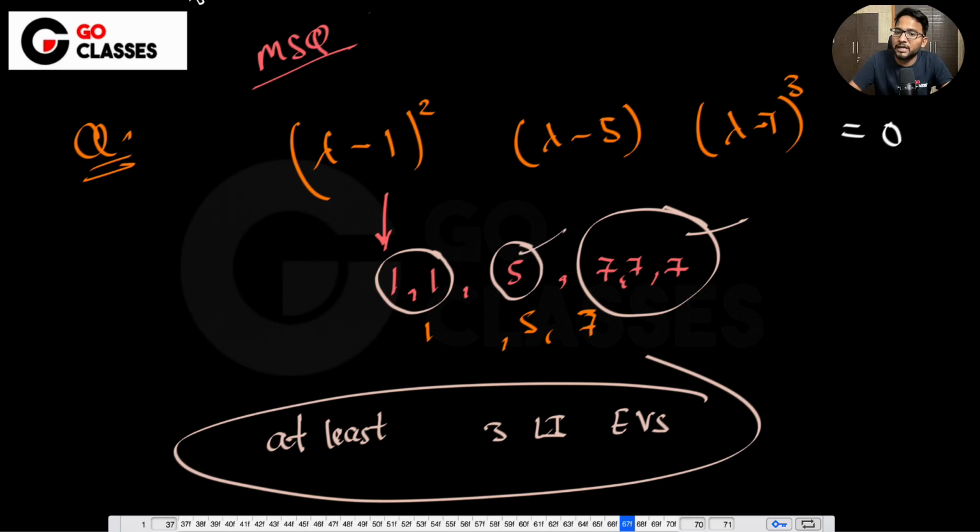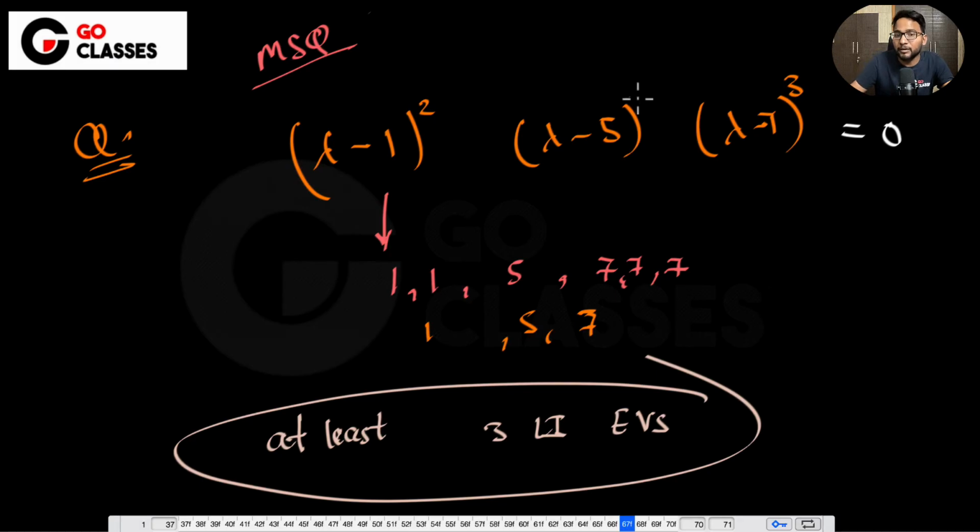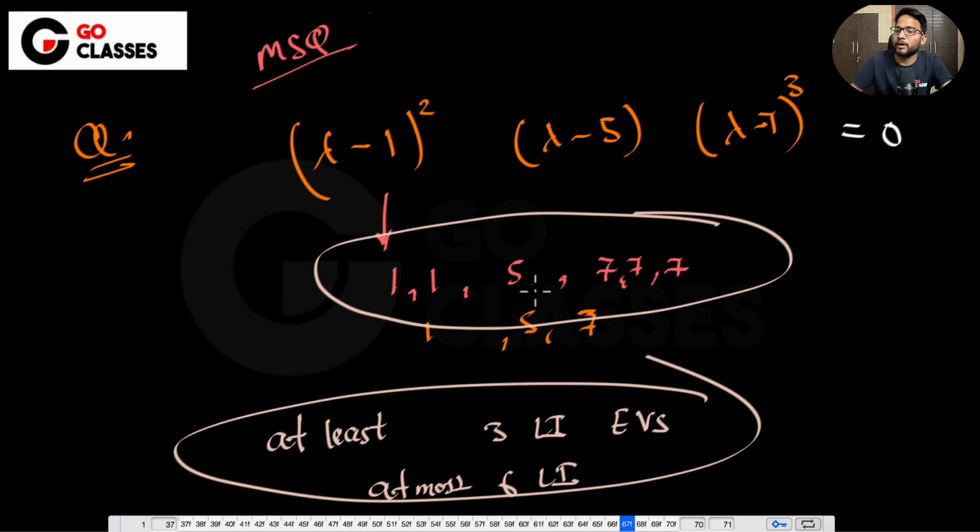So basically, if someone asks you how many linearly independent eigenvectors you can have, then at most 6, always, because it is 6 cross 6 dimension. Why? Because there are 6 eigenvalues that you have, so you have at most 6 linearly independent eigenvectors. And since out of them only 3 are unique, at least 3 you have, right?